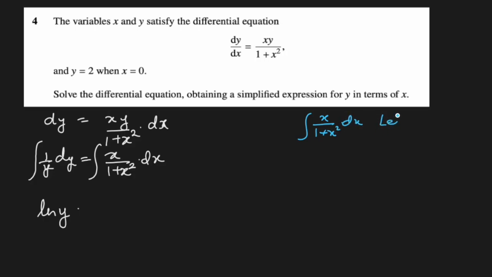So let's assume, look, x squared is degree 2 and we have only one term here which is degree 1. So that means this can be converted to the differentiation of this. So let 1 plus x squared be equal to say u. So du over dx, differentiating it with respect to x, will be 2x.